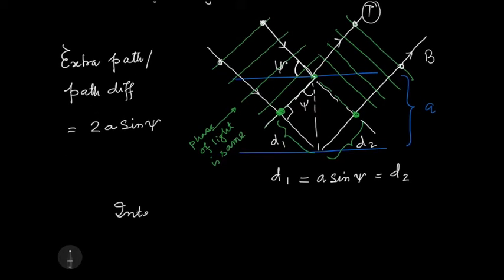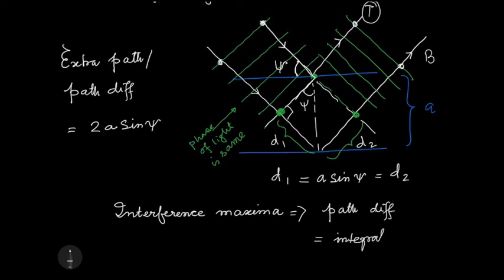So when does the interference maxima happen? Remember, the path difference must be an integral multiple of the wavelength.